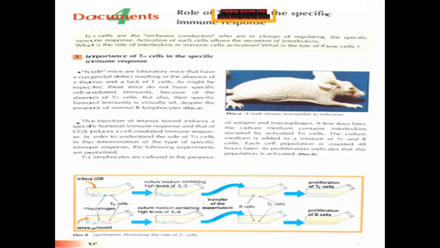Few days later, the culture medium contains interleukins secreted by the activated T helper cells. The culture medium is added to a mixture of T cells and B cells. Each cell population is counted 40 hours later. Its proliferation indicates that this population is activated. Look at this figure in document B, the experiment illustrating the role of T helper cells.